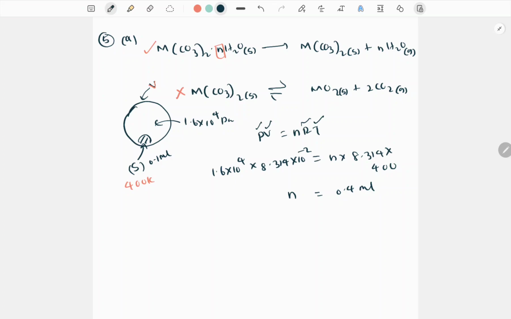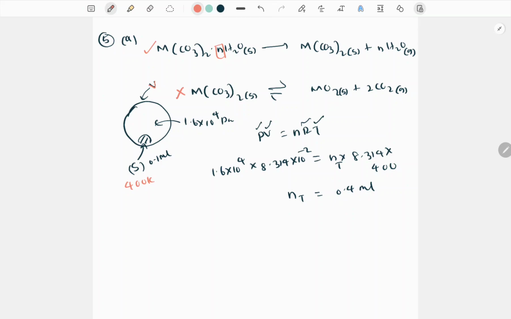But this is not the same n. This n is n total. Don't mix up this n with this one. This is n total. It means the total amount of moles will be the moles of water vapor formed.